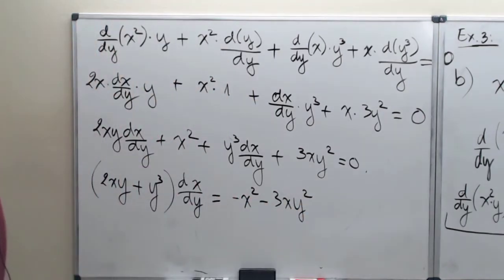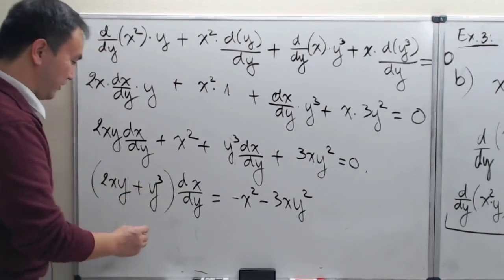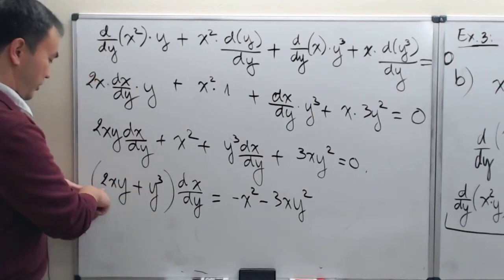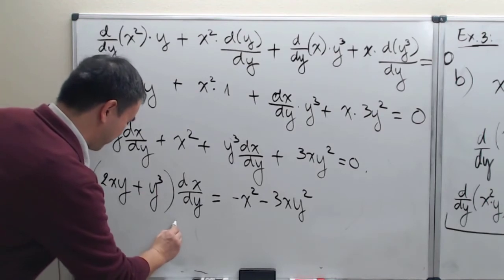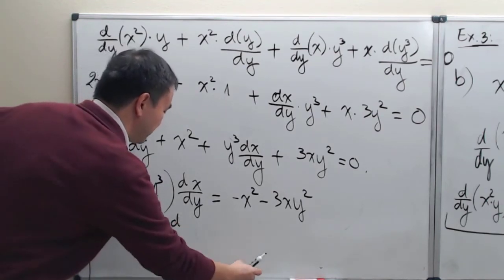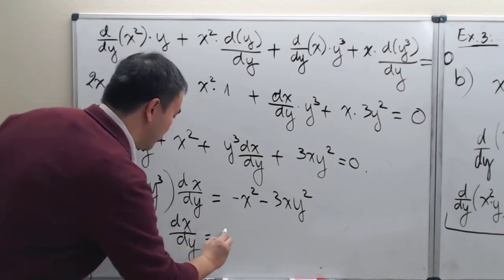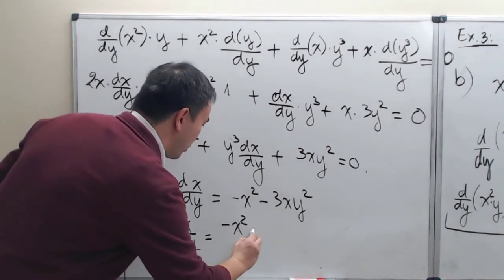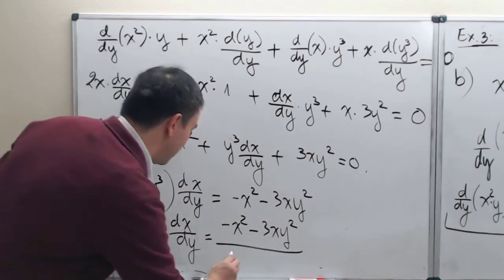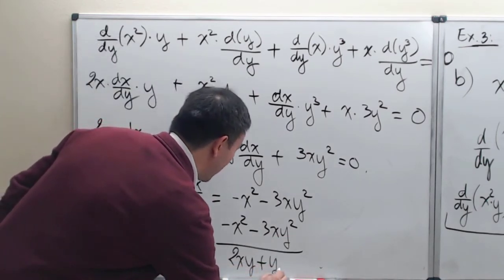Now we are ready to solve for this final dx dy. It's just a matter of dividing away that expression 2xy plus y cubed. So dx dy equals minus x squared minus 3xy squared, divided by 2xy plus y cubed.